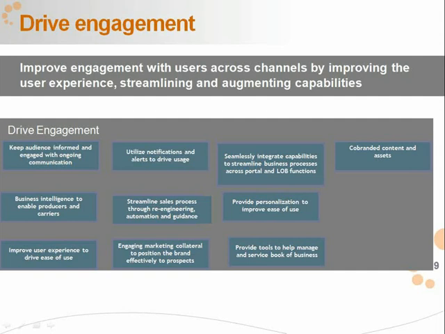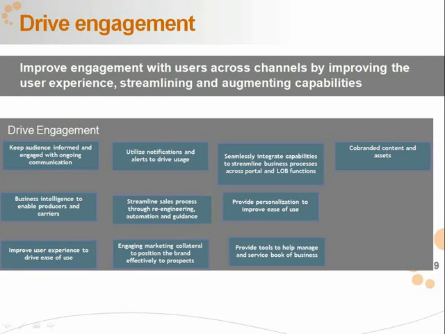So we've spoken about the fact that business intelligence is important to enable producers and carriers. We want to keep your audience informed and engaged with ongoing communication. You want to provide the right kind of user experience. You want to have the right kind of collateral to position your brand. And you want to also integrate your capabilities across your portal and other line of business functions.